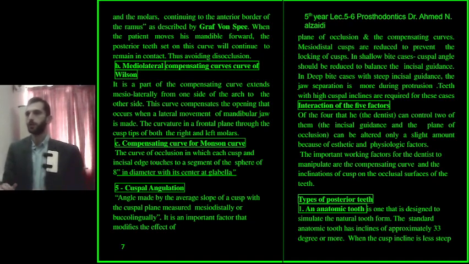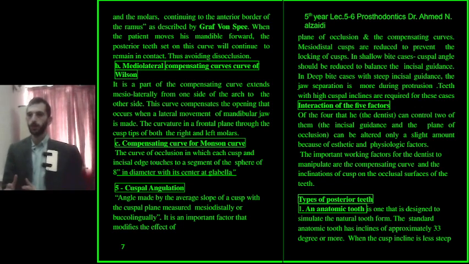Types of posterior teeth. Number 1, an anatomic tooth is one that is designed to simulate the natural tooth form. The standard anatomic tooth has inclines of approximately 33 degrees or more.